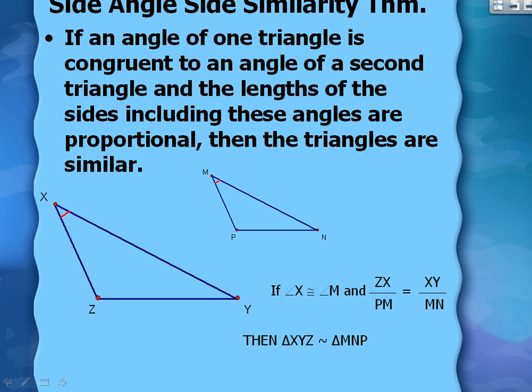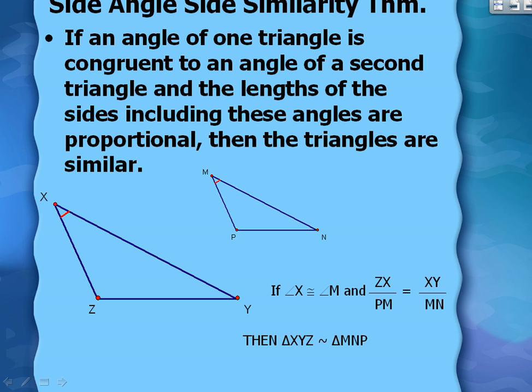So in this case, if we know, for example, that angle X is congruent to angle M, and then the sides that make up that angle, right, that enclose that angle, are proportional. So XZ over MP, or rather ZX over PM, same thing, equals XY over MN. You got it. Okay? Then you also know that they're similar triangles.